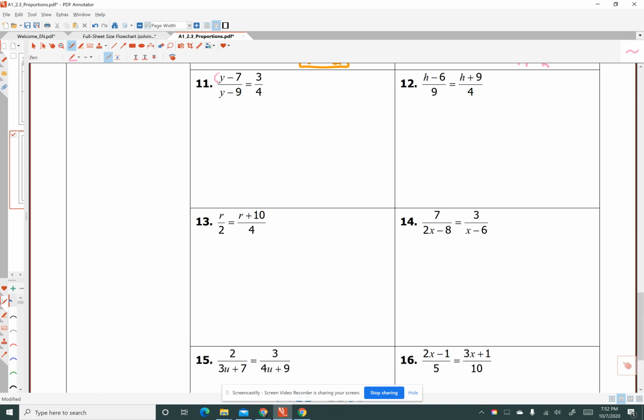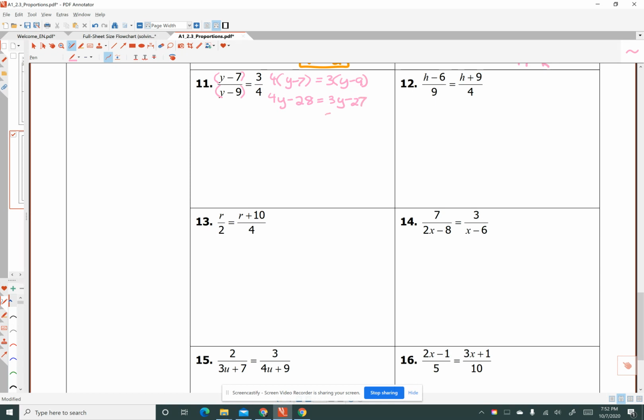Let's group these terms. So we'll start out with 4 times the quantity of y minus 7 equals 3 times the quantity of y minus 9. When we distribute, 4y minus 28 equals 3y minus 27.